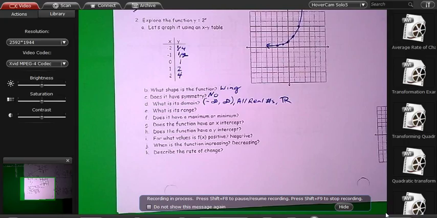All right. E, what is the range? Now, the range is determined by the y values. Now, does this thing go down forever? Yes, it does, Josie. Very good. It goes down forever. But what can it not cross? The x-axis, which is a y value of 0. So it's going to get closer and closer and closer forever.